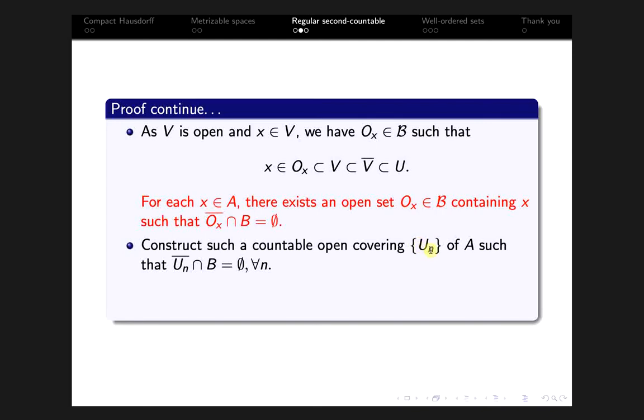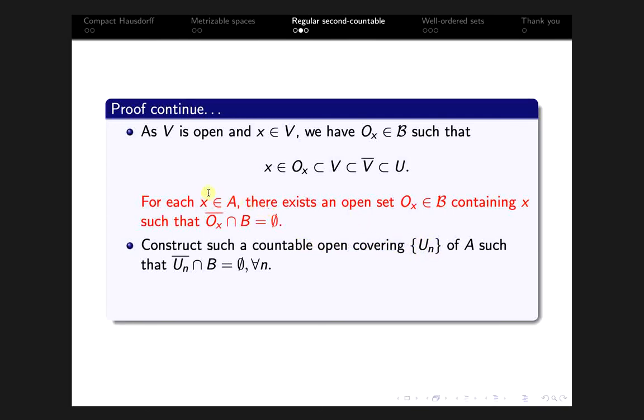So this is a subcollection of the basic open sets, a subcollection of script B, such that this is an open cover of A such that Un closure intersection with B equal to empty set. So we could denote this basic open set by On also, but here we have denoted it by Un.